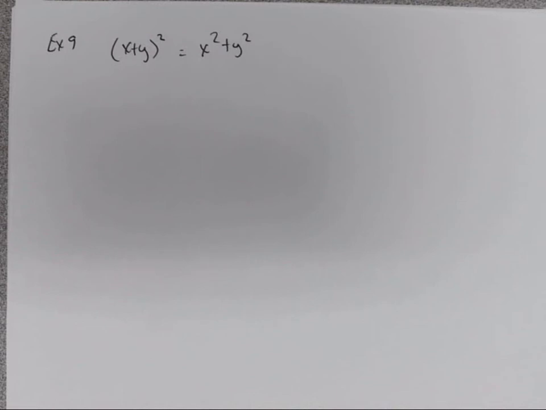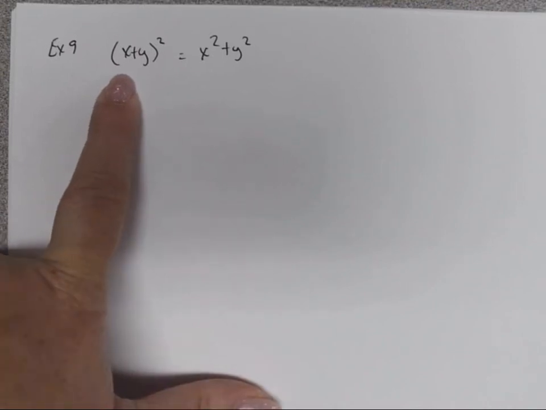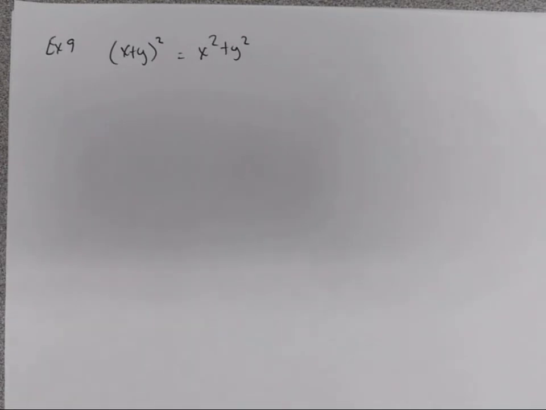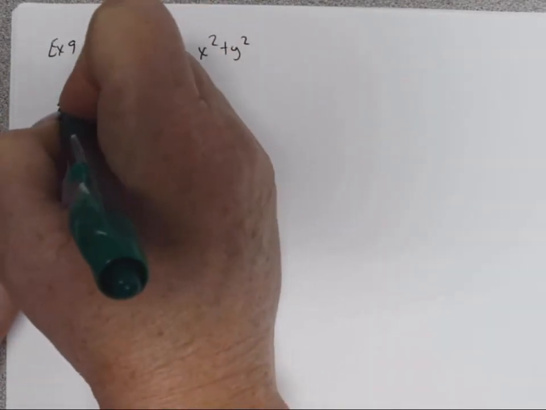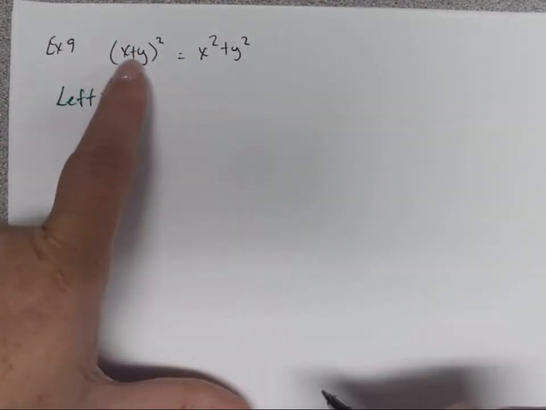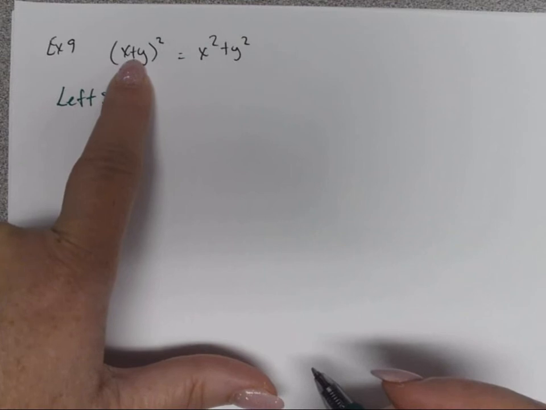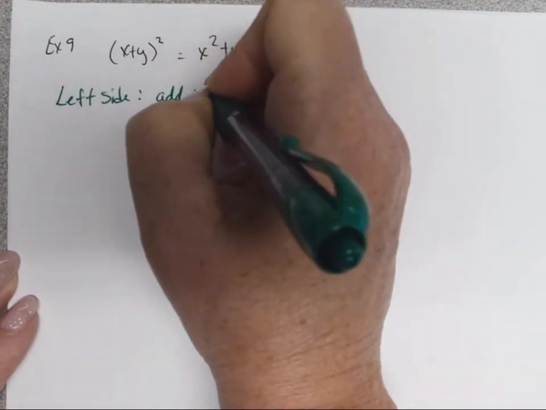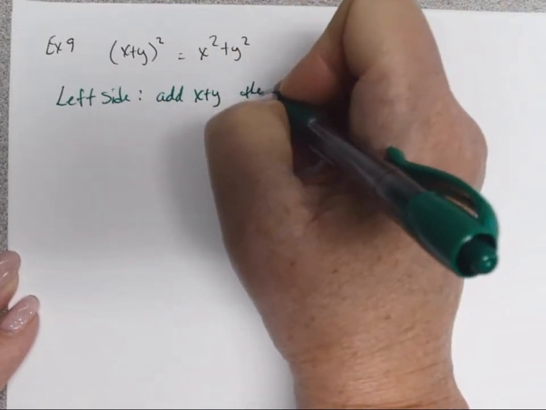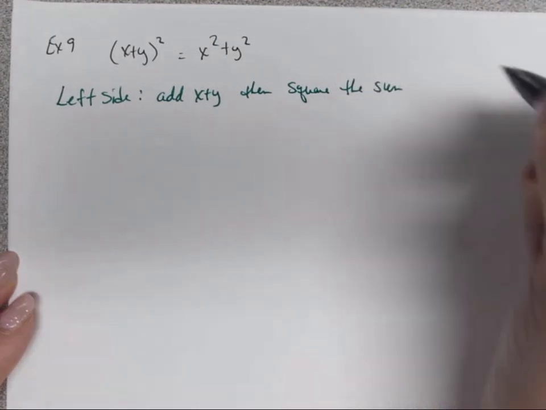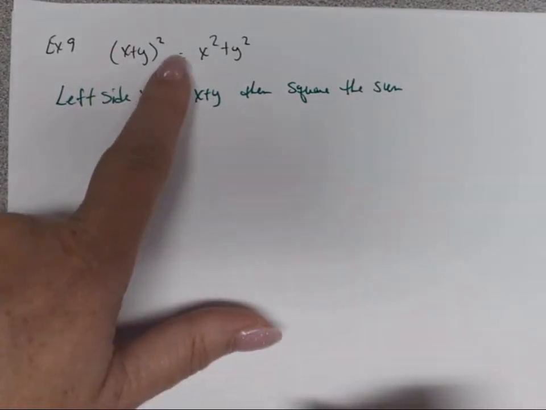We're just going to look at what's happening with those. On the left side, what do we do first? As far as order of operations, we are going to add and then square. So we will add x plus y, and then we will square the sum.